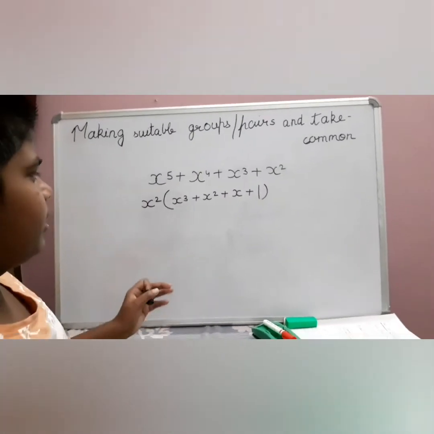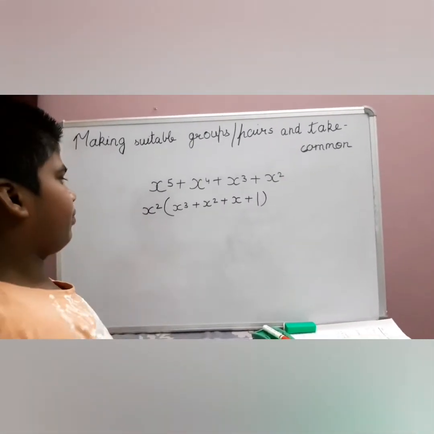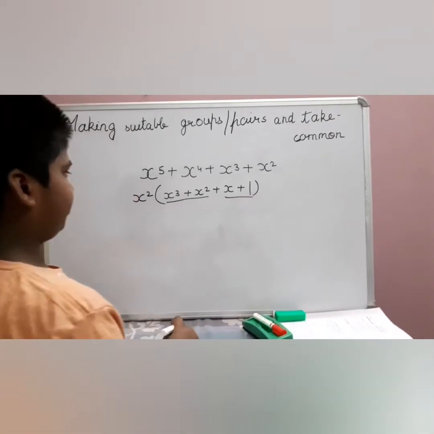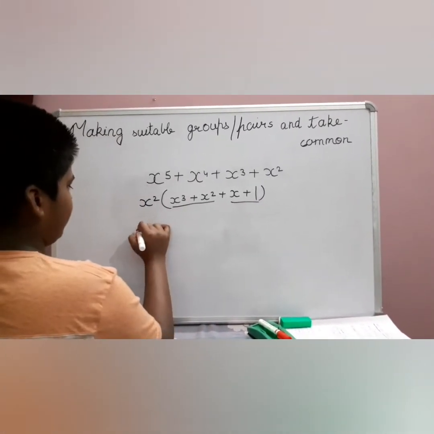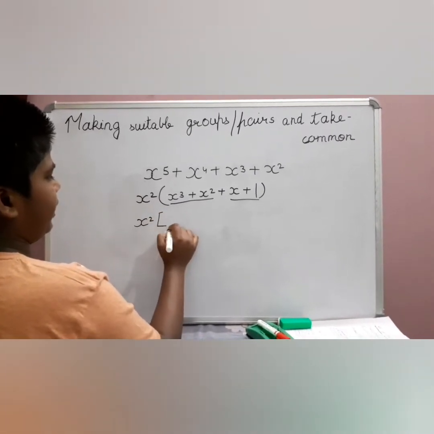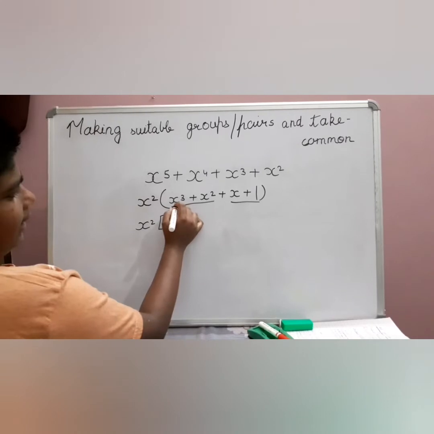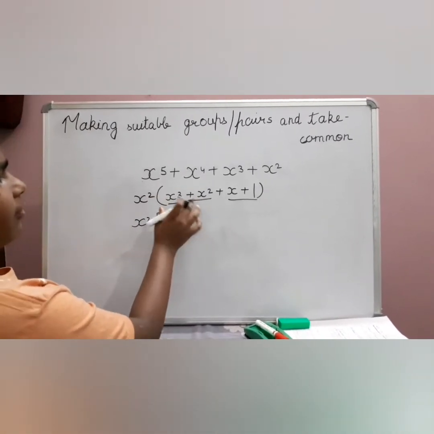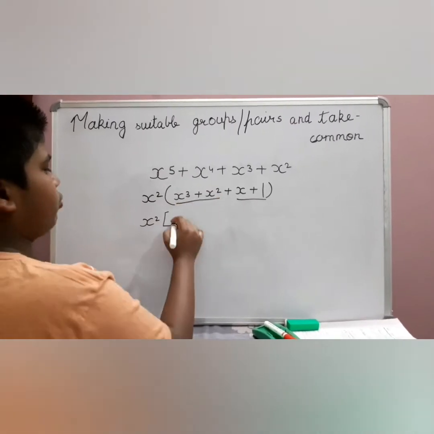Then we'll make suitable groups. So we can make this group or this. Now we'll write x square as it is, then we'll put a bigger bracket. Now the largest factor that can be taken common in this group is x square.